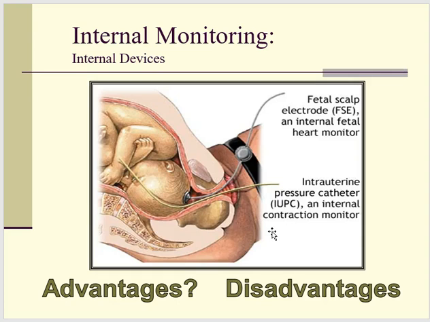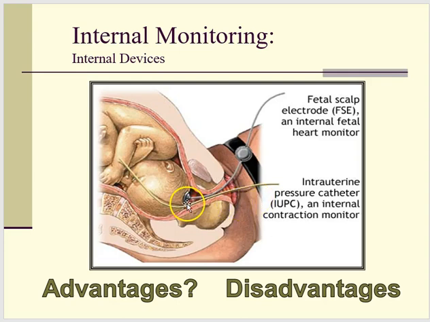Disadvantages. Looking at the picture, think about what you have to do. Keep in mind that your fetus is usually surrounded by a bag of amniotic fluid. As you can see, this isn't going to go through that membrane, so you must rupture her bag of waters, or maybe it's happened on its own, before you can use these devices. They are also a more invasive monitoring technique, so you're going to have an increased risk of infection.